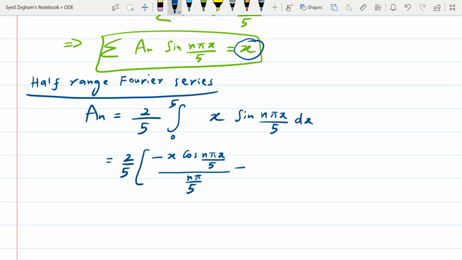And another term which you will get will be minus sine n pi x over 5 divided by n pi by 5, and another n pi by 5 will come, so it will become n square pi square over 5 square over the limits 0, 5.